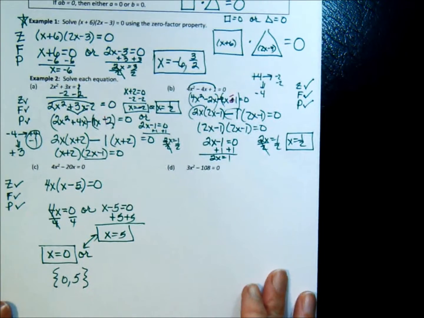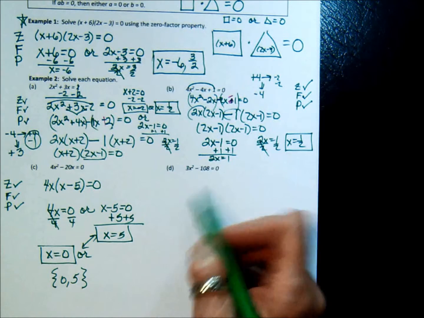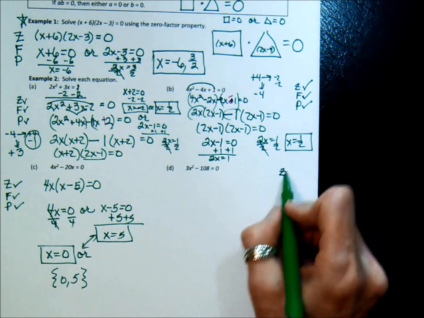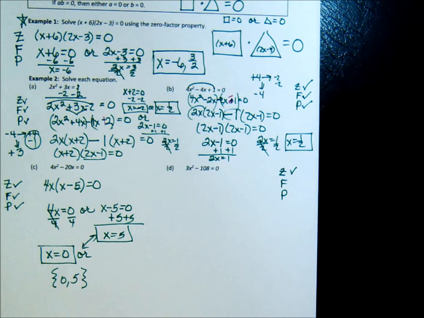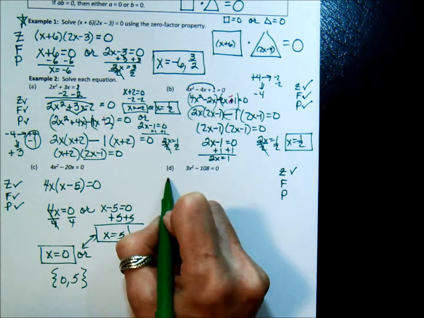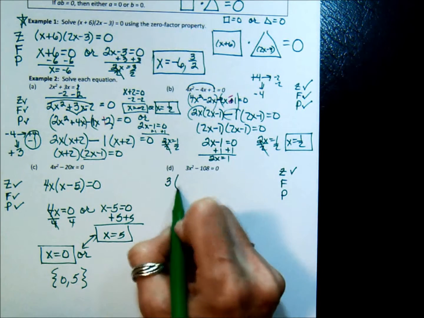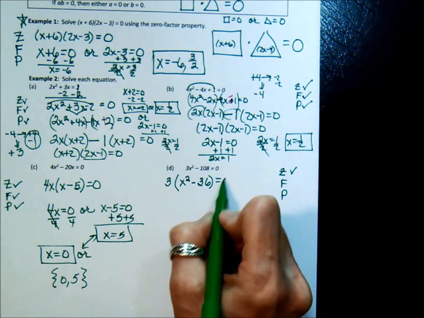All right, the last one, 3x squared minus 108 equals 0. Zero factor property. It's already equal to 0. I'm going to factor by first factoring out a GCF. 3 goes into both of those, and I have x squared minus 36 equals 0.